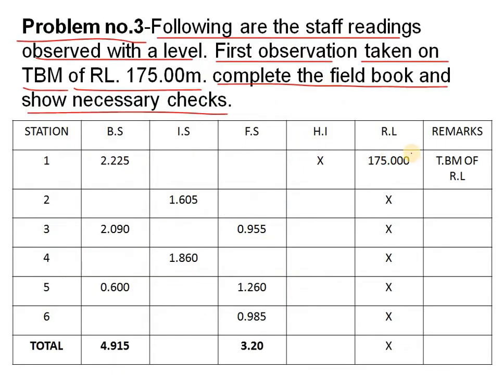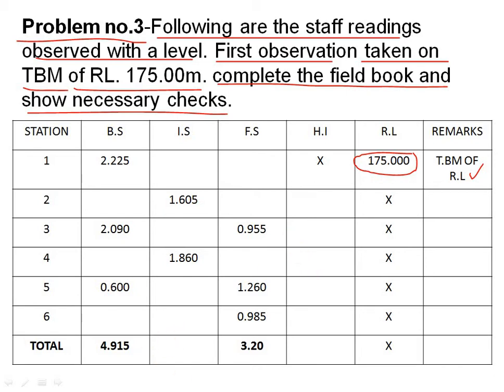Let us see here, the RL was given, that is 175.000. Note it as the temporary benchmark of RL. Sometimes the RL will not be given, so in the examination we will not get the marks.